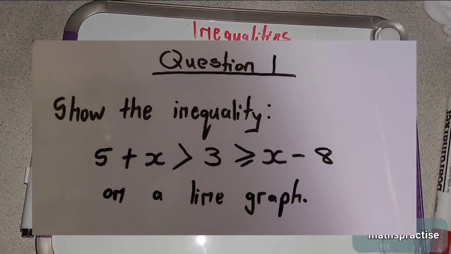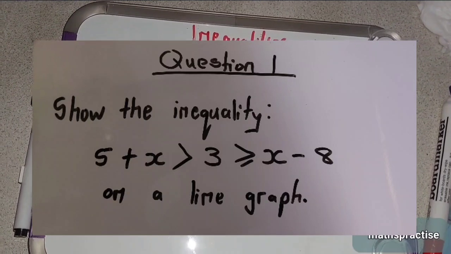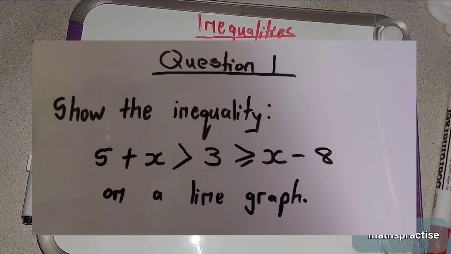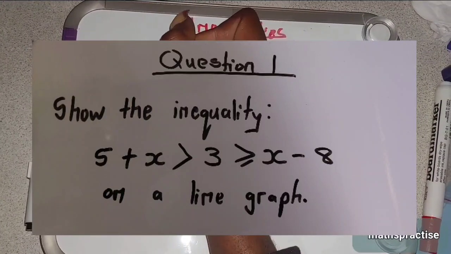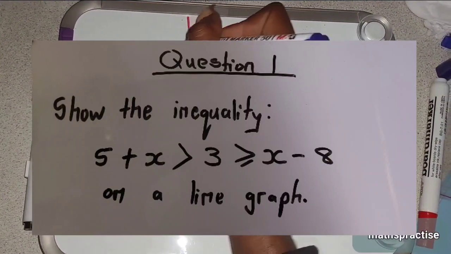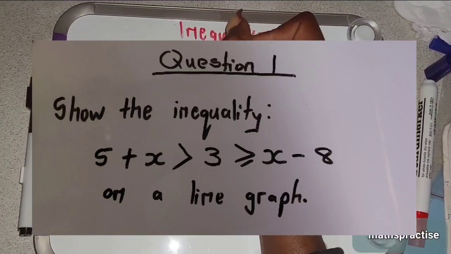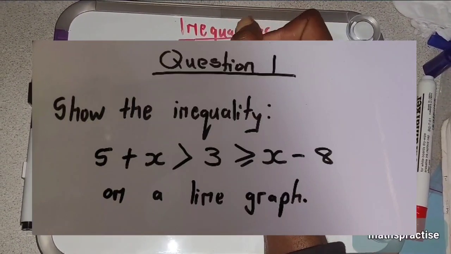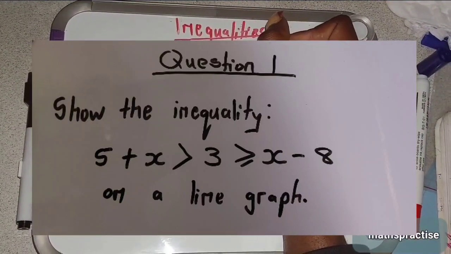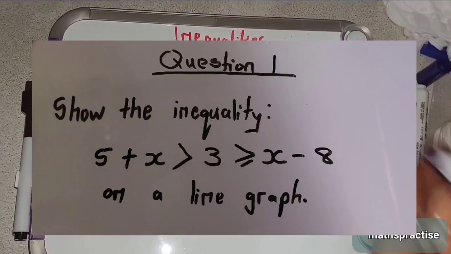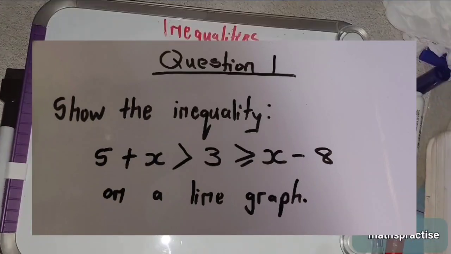So the question is: show the inequality 5 plus x is greater than 3, greater than or equal to x minus 8 on a line graph. That's the number line.